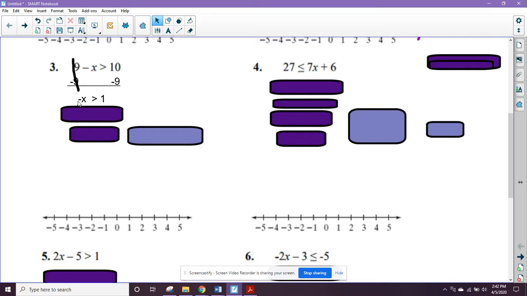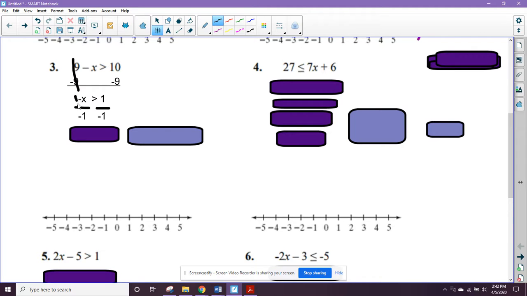We cannot forget that negative. We have to get rid of that negative. Think of negative x as the same thing as negative 1 times x. To undo that, we divide both sides by negative 1.